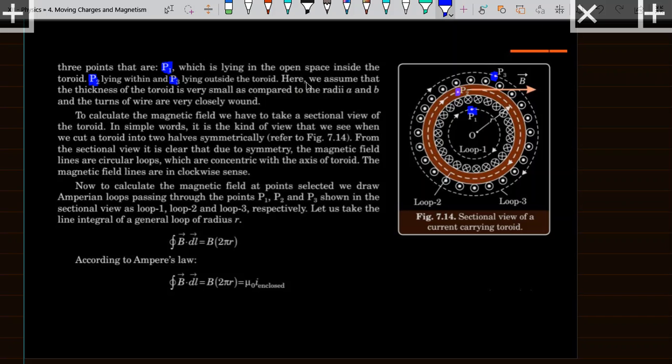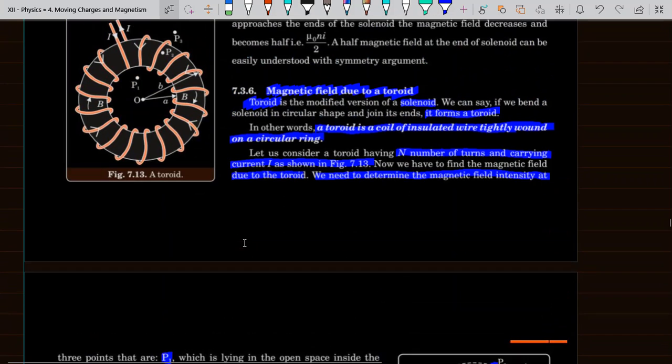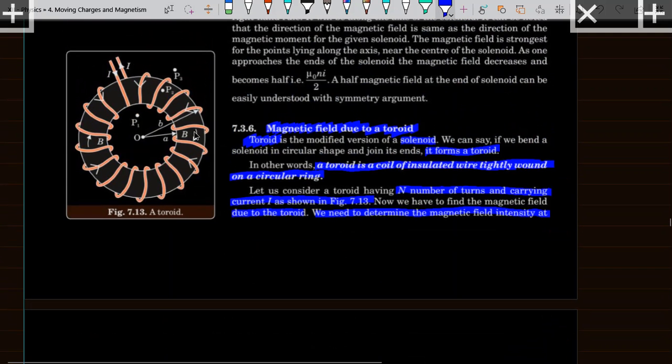Here we assume that the thickness of toroid is very small as compared to the radii A and B. If you look here, A is the inner radius, B is the outer radius, and thickness is very small compared to the radius.